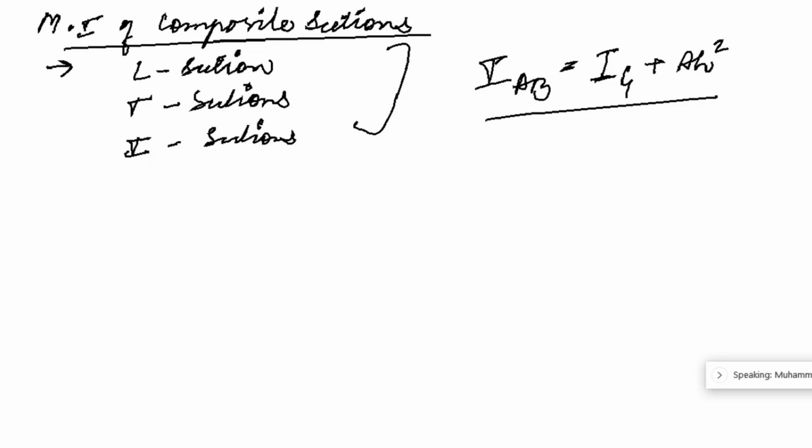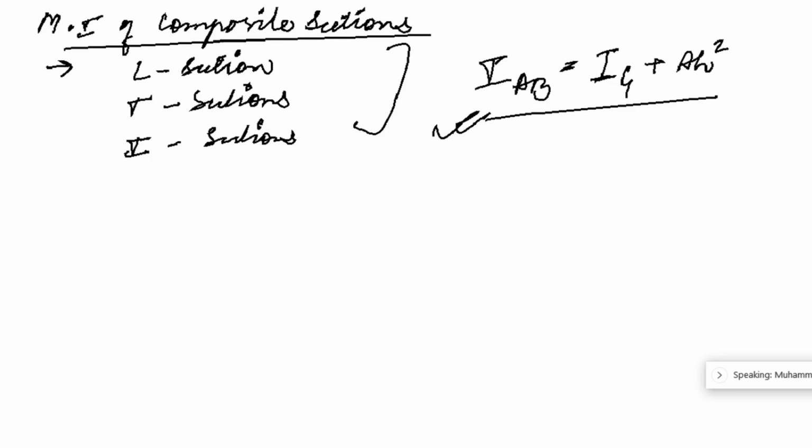Then with the help of the parallel axis theorem we calculate the moment of inertia about that particular axis, using this formula. Finally we add up all the moments of inertia so that we get the actual moment of inertia, which we will understand properly by an example.